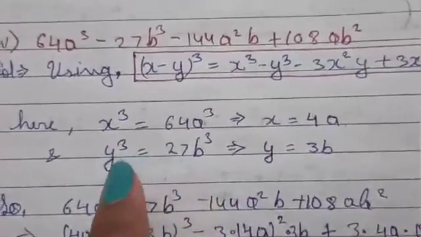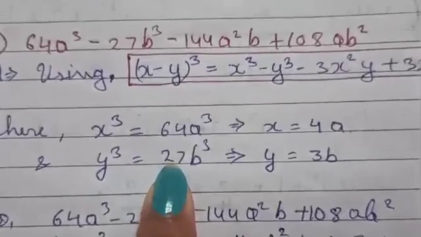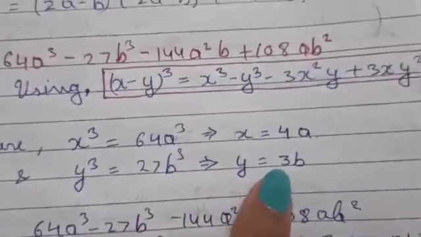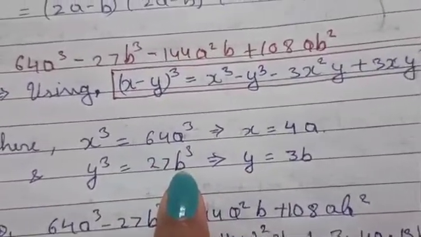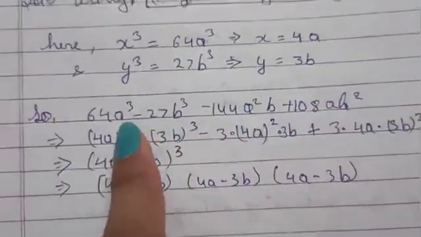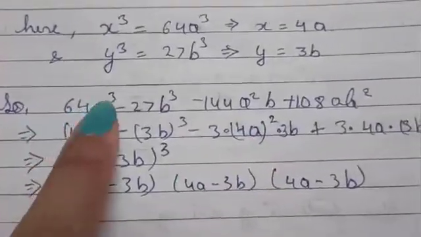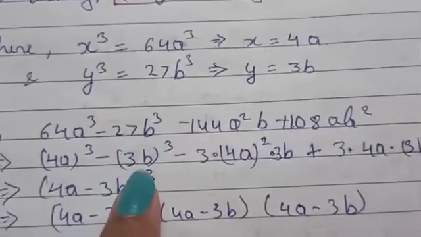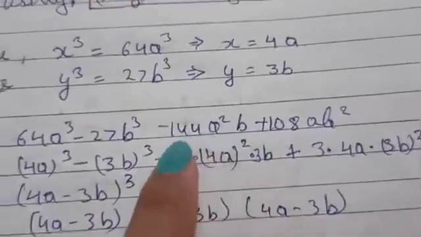We need to find the cube root of 27b cube. The cube root of 27 is 3, since 3 into 3 into 3 is 27, and the cube root of b cube is b. So y is 3b. Now we can split the given algebraic expression as 64a cube is (4a) whole cube, 27b cube is (3b) whole cube, and 144a square b.